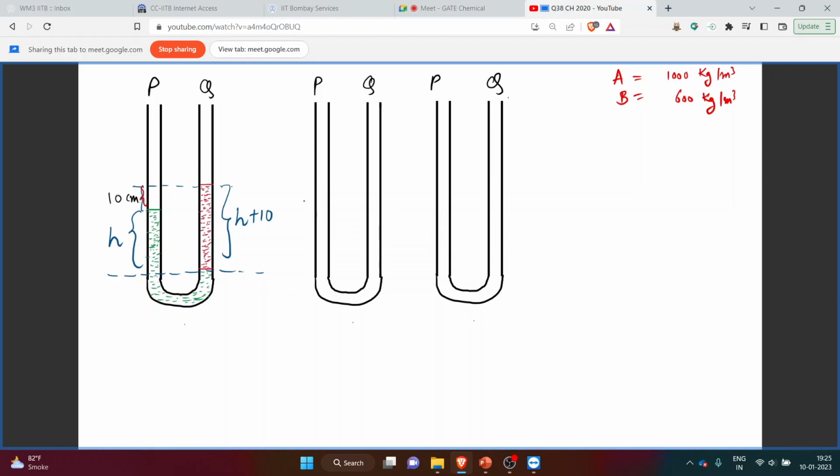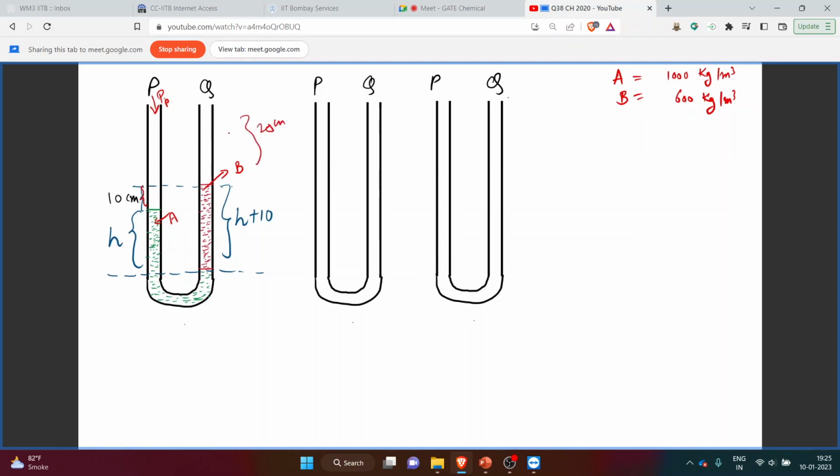Now we haven't been provided the height of this fluid with lesser density, so this will be fluid B, and this will be fluid A. So first we need to find this height, and then we have been asked how much pressure on the P side is required to raise the height of this fluid B by 20 centimeters.